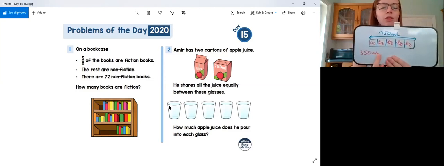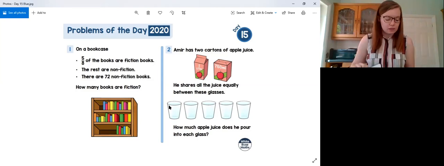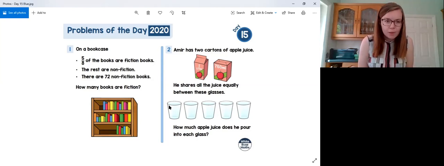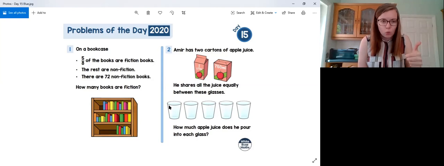Let's have a think of what 350 millilitres would look like in litres. We have to remember that we are dividing by 1,000. So we are moving each number 3 places to the right on our place value. So I'm going to move that 3 from the hundreds to the tens, that's 1 hop.